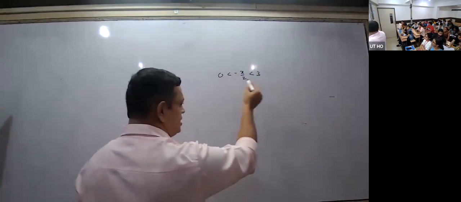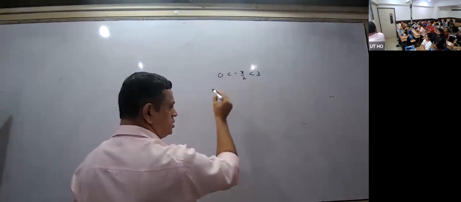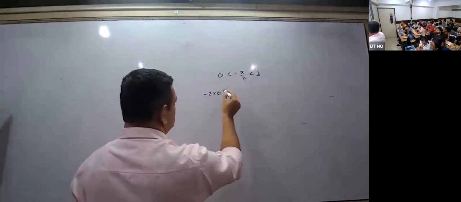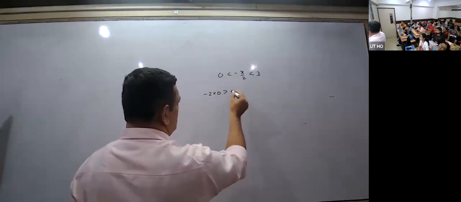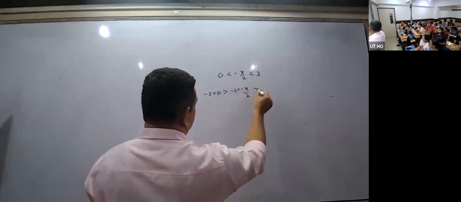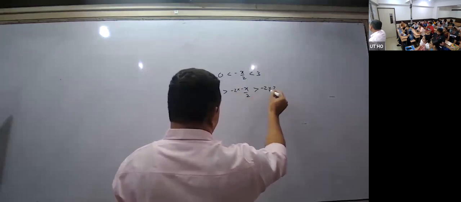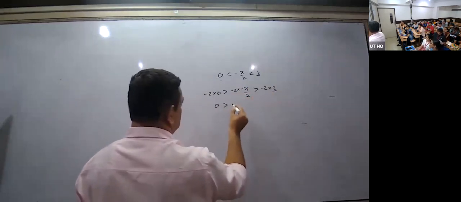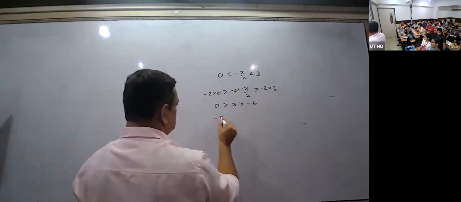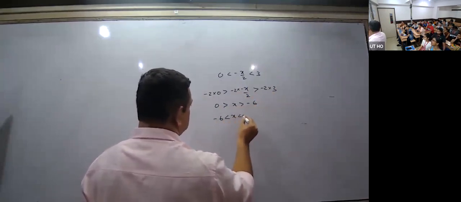You have to multiply this by minus 2. Yes, sir. So minus 2 into 0 greater than x, minus 2 into minus x by 2 greater than minus 2 into 3. That is 0 greater than x greater than minus 6. That is same as minus 6 less than x less than 0.